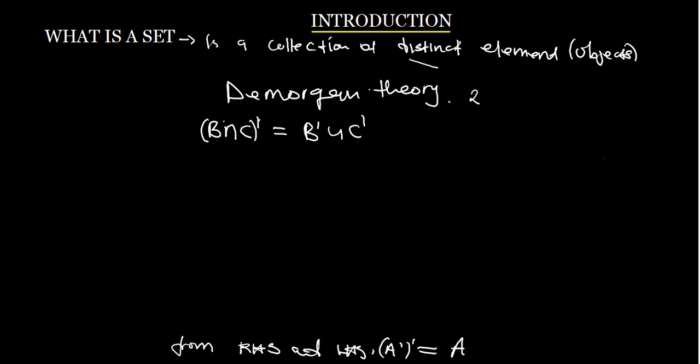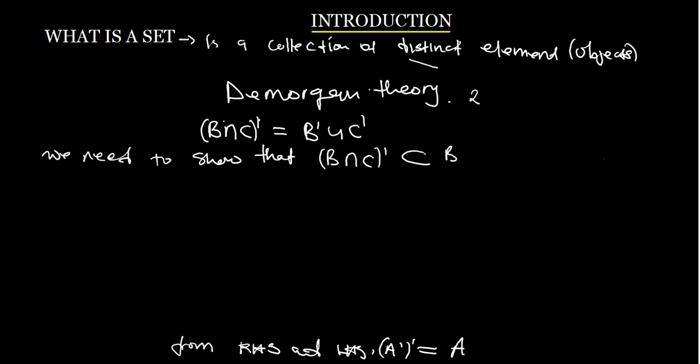By proving, we'll state the condition again to say we need to show that B intersection C, open bracket complement, is a subset of B complement union C complement.